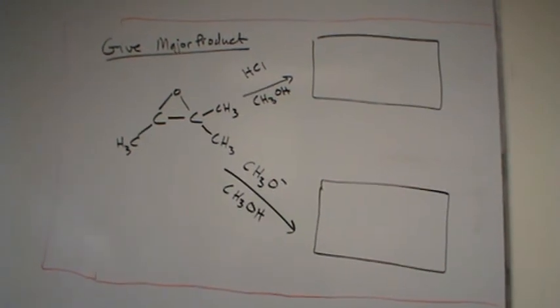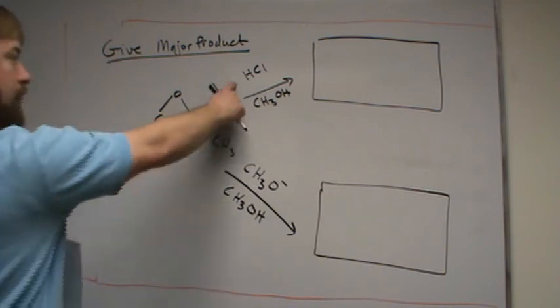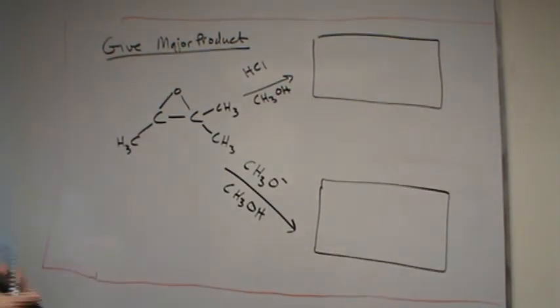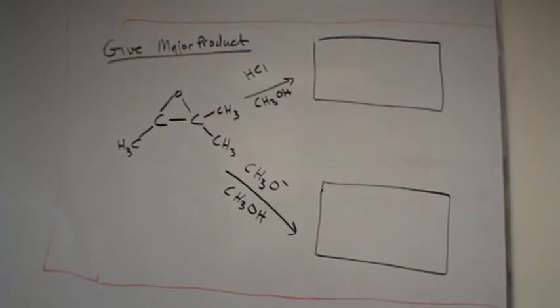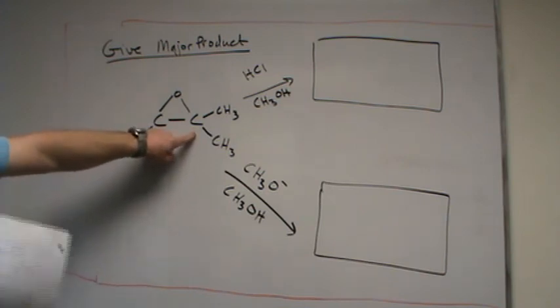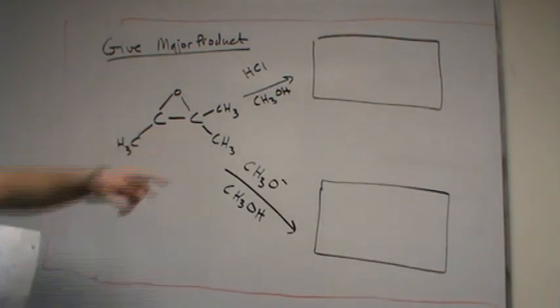Okay. Acidic conditions, SN1-like. After protonation, chloride is not a strong nucleophile, so methanol will be my nucleophile because it's a solvent in this case. Okay, solvent and nucleophile. So I'm going to attack with the nucleophile at the most hindered carbon that would give the most stable carbocation if one were to form, which would be this carbon.